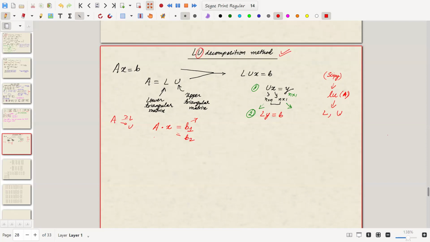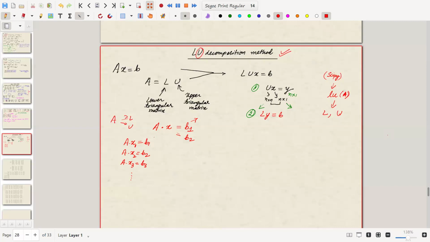So I'm motivating you that sometimes in real situations, you have to solve the same A times X equals B1, the same A times X equals B2, and of course this will change, A times X equals B3, all these equations. Sometimes you will do like this.